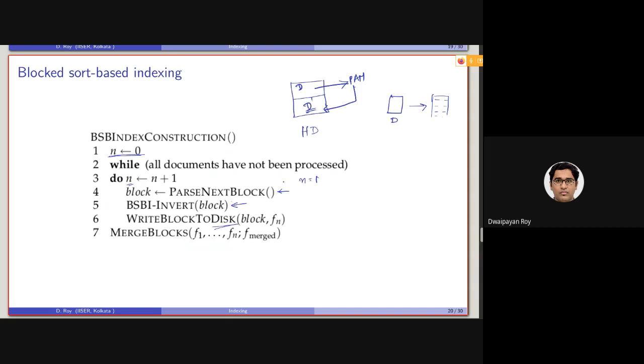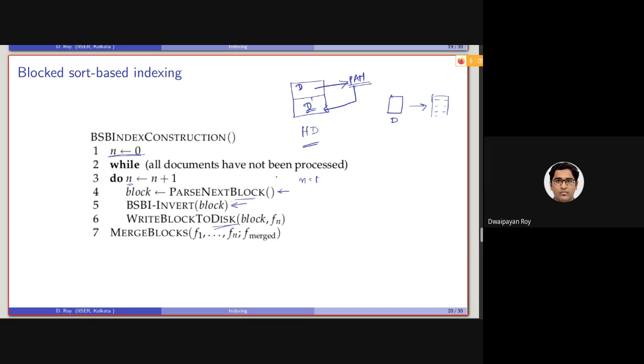Now in a block there can be multiple documents, so reading a block from the hard disk means reading multiple documents altogether into the memory, RAM. We will be tokenizing them and applying the linguistic processors. Finally, we get the term doc ID pairs, we sort them, and we write the result back into the hard disk.